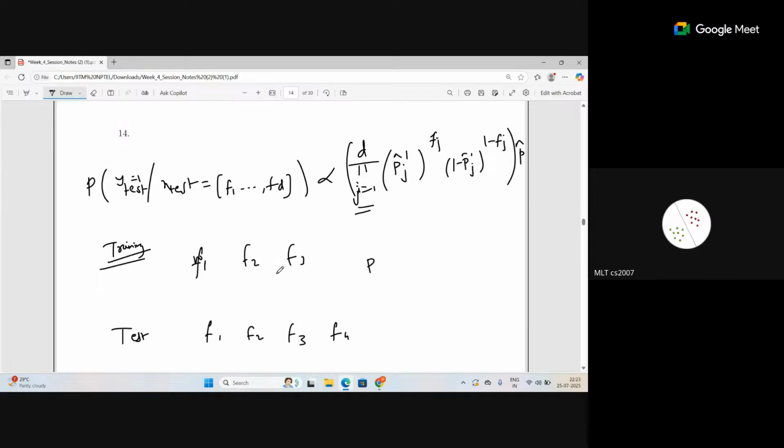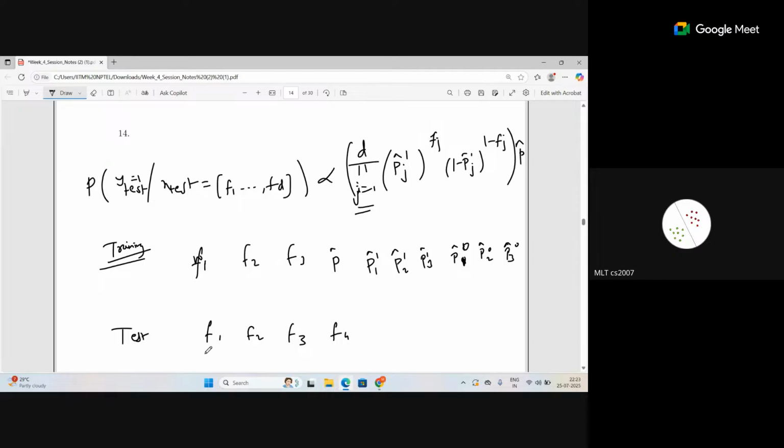So you had the estimators for this. Let's say P1_1 hat, P2_1 hat, P3_1 hat, and P1_0 hat, P2_0 hat, P3_0 hat. We have the estimators for that, and also we have the estimator for the prior.